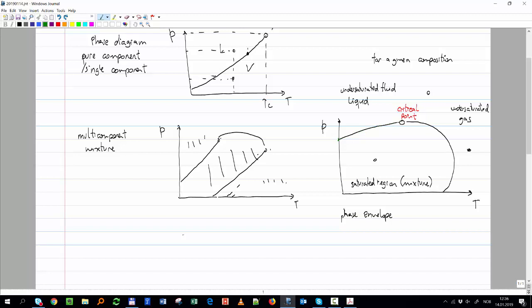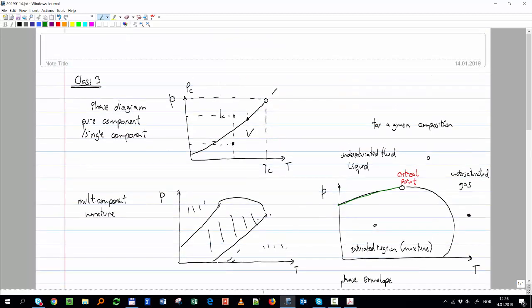This line tells you, just in the case of that, I have here pure liquid, but if I start reducing pressure, or if I'm here and I start increasing the temperature, I will reach a point where I'm going to get the first bubble of gas. Just like when you're cooking water, you are increasing the temperature until I get the first bubble of gas.